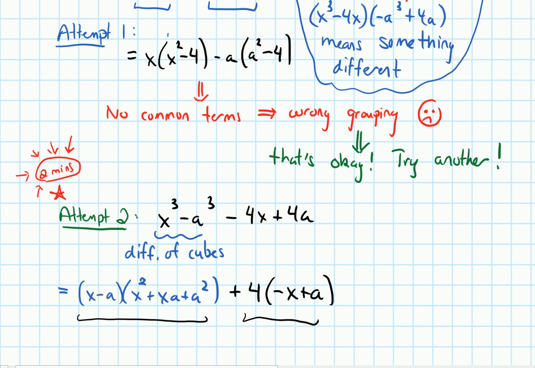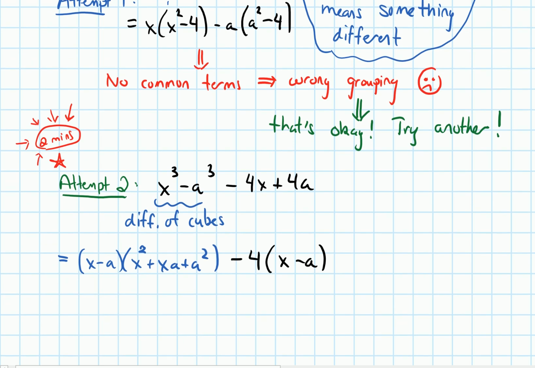The x minus a and the negative x plus a, they're off by a negative sign. So I actually could have fixed that by factoring out not positive 4, but negative 4. And some of you might have noticed that, which is awesome. But okay, even if I didn't notice that right away, that's okay. Quick fix. So factoring out the negative 4, I'm left with x and then minus a.